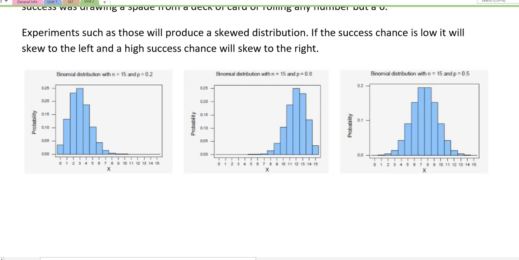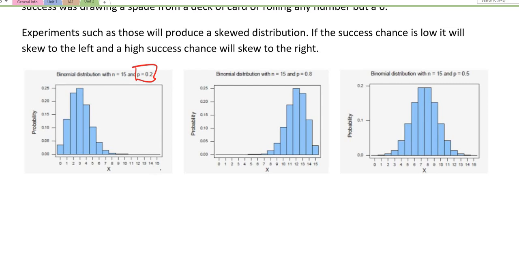So experiments where there's an uneven split of successes and failures will have a skewed distribution. With this distribution, guys, can you see that the probability of success is 0.2? So does it make sense that it's skewed to the left, a low amount of successes? Because you have a high chance of failing.